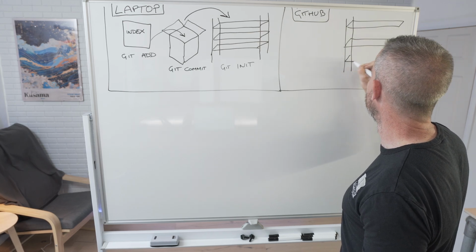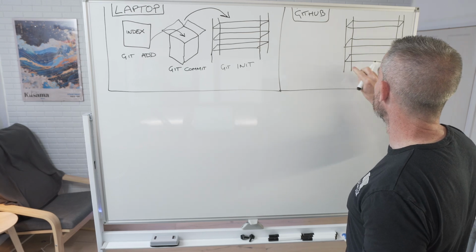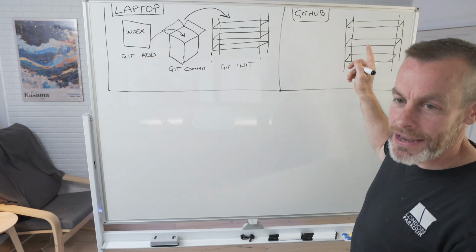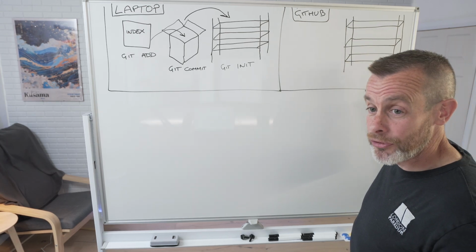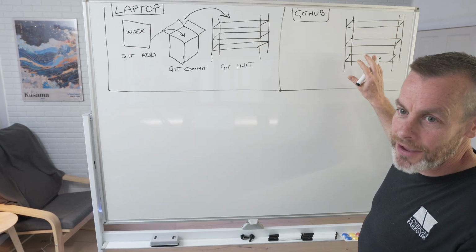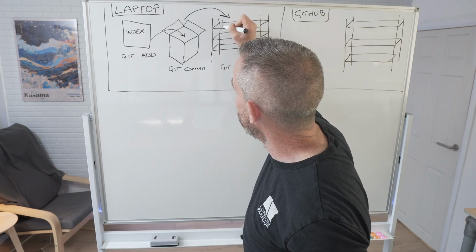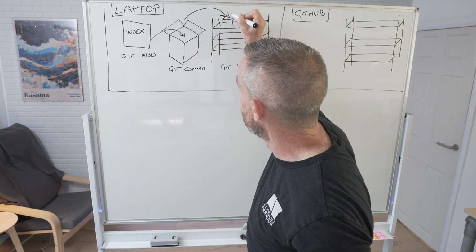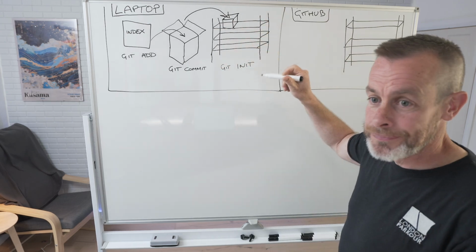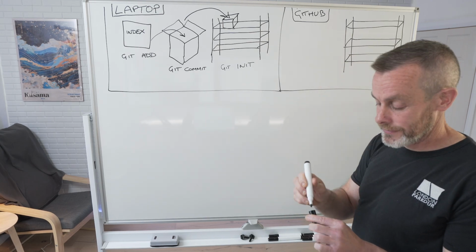Okay, there's our shelving. So now there's a remote GitHub repository, some shelving ready to go. This doesn't have any boxes on it. At the moment we have one box sitting on our shelf right here. This is the first commit we've added, but there's none over in GitHub on the cloud.